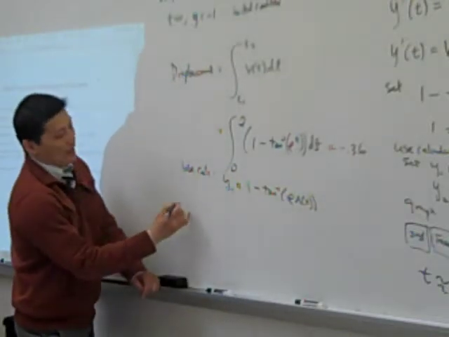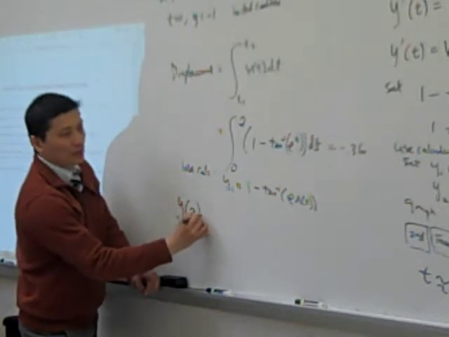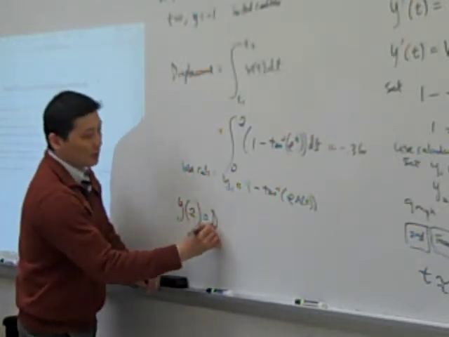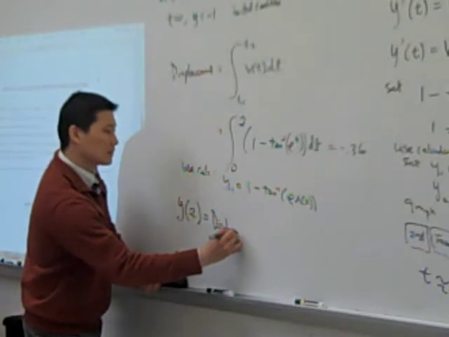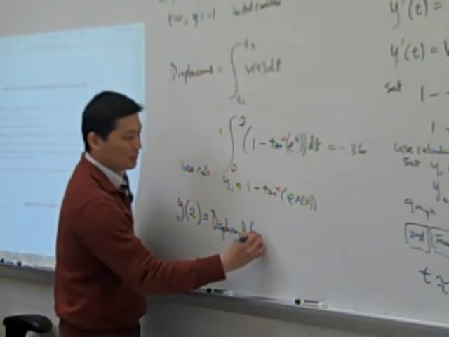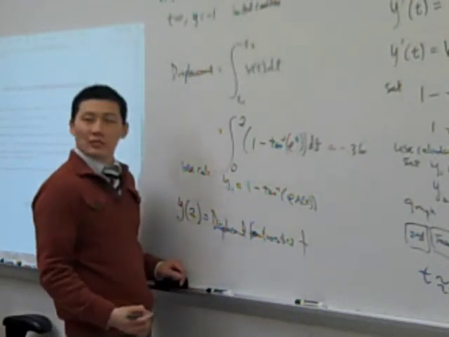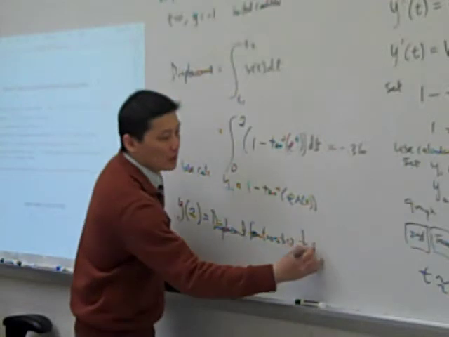So we say the final position, y of 2, is equal to the displacement from t equal to 0 to t equal to 2 plus the initial position.